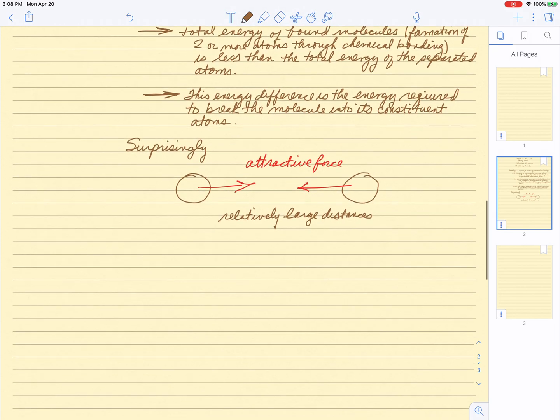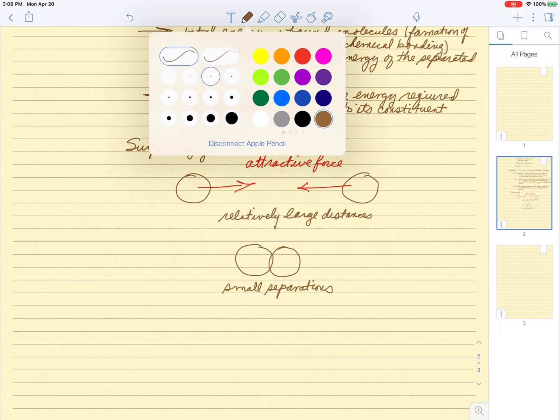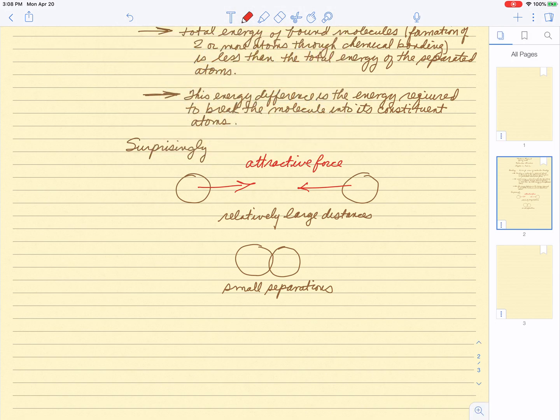And conversely, as we bring these atoms very close together, that is at small separations, we have repulsive forces that are dominating.